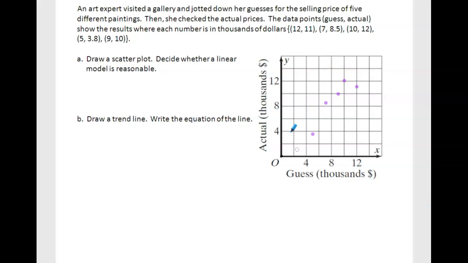So I would say, looking at those scatter plots, that they look to be pretty close together. It looks like they are increasing. So as her guess cost increased, the actual cost of the painting increased. So it says, decide whether a linear model is reasonable.